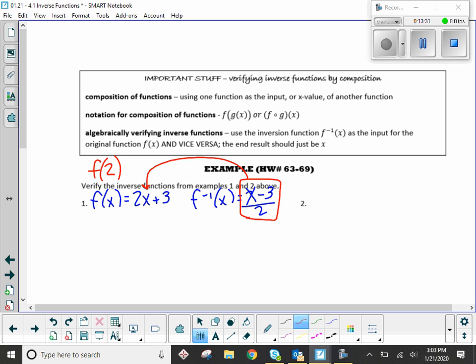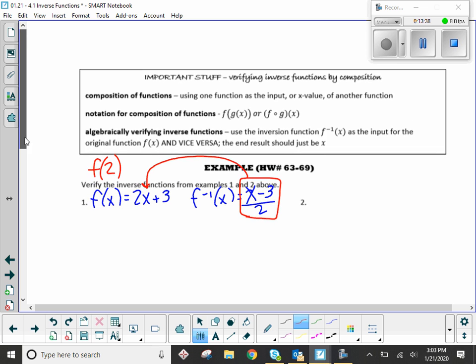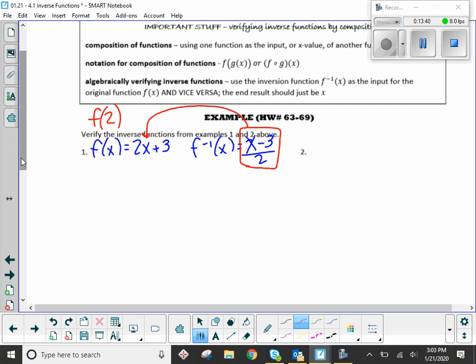And so here's how that notation looks, and it's something you need to be familiar with and understand what it's asking you to do. So instead of 2 plugged in for x, instead of f of 2, I want f of the inverse.